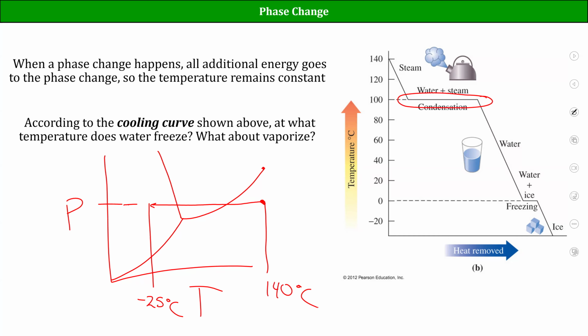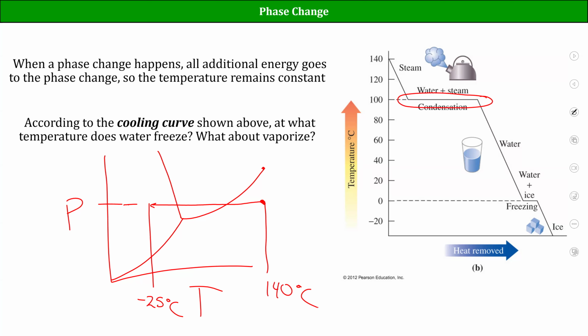This is the average temperature of the system, I assume, because wouldn't the water still be decreasing in temperature and the steam transitioning? It turns out that energy is what's called a state function, which means all that really matters is where you start and where you end. The actual path to get between points A and B doesn't matter.